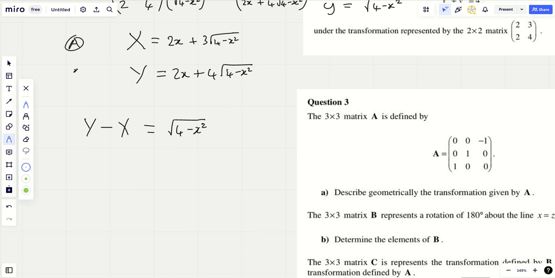If we call this one A and this one B, what I then did was I thought, well, okay, hang on a second. I could say that x take away 2 curly x over 3, well, that's root 4 minus x squared. And similarly, y minus 2x over 4 is root 4 minus x squared.